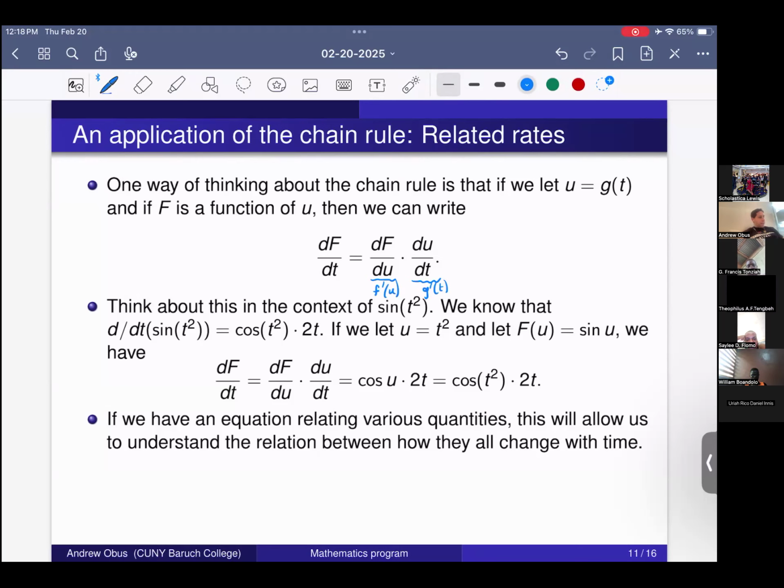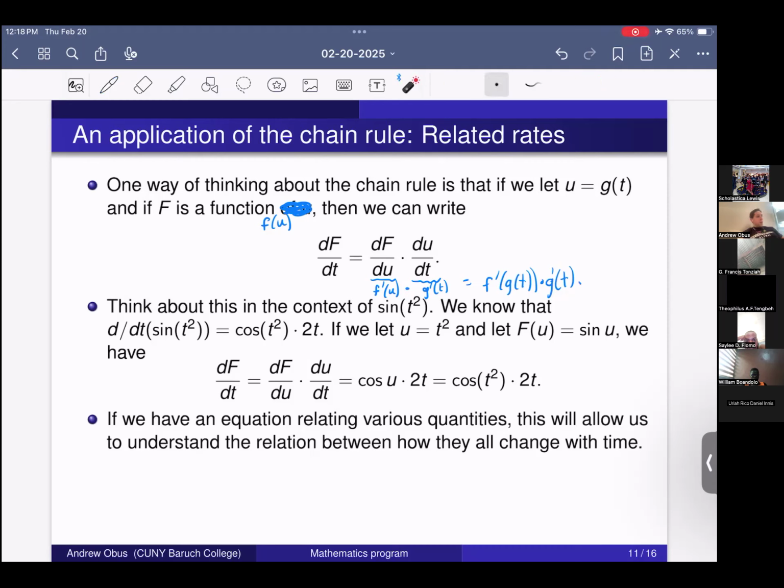So this is f prime of u times g prime of t, or in other words, this is f prime of g of t times g prime of t.